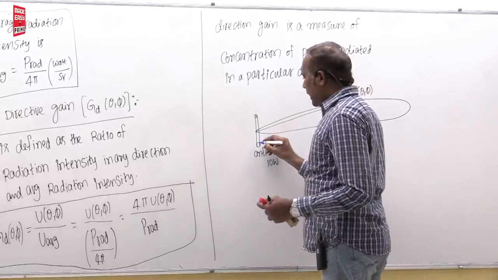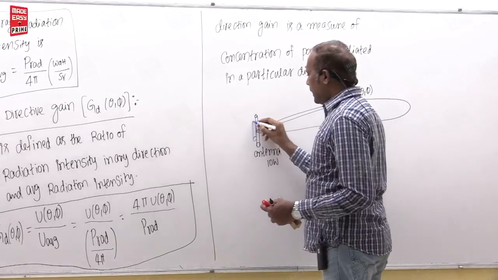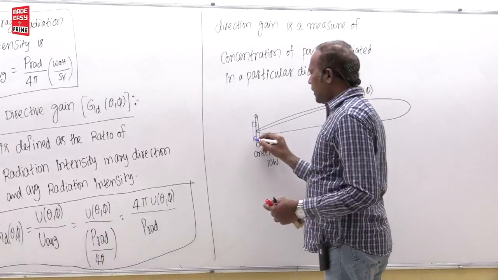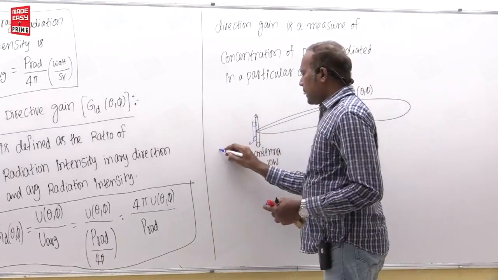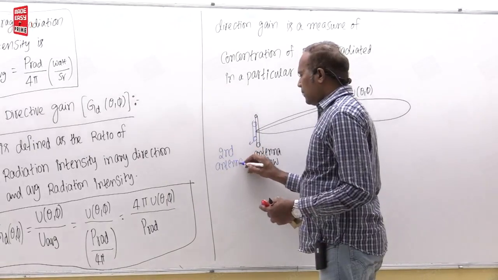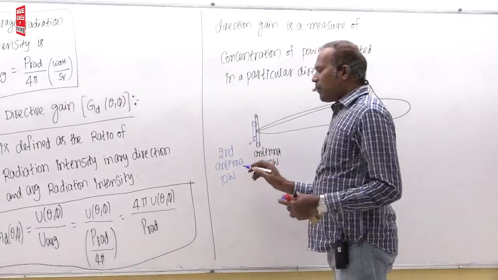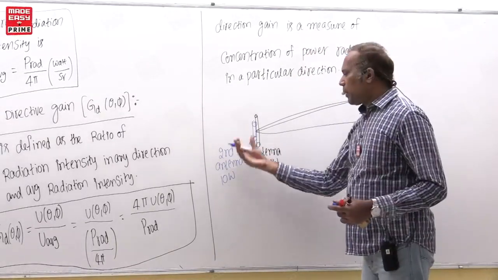Or otherwise there is another antenna here, a second antenna. For this antenna also we are giving 10 watts power. We are giving input power.